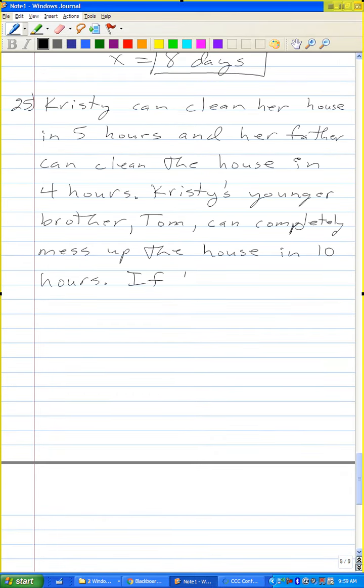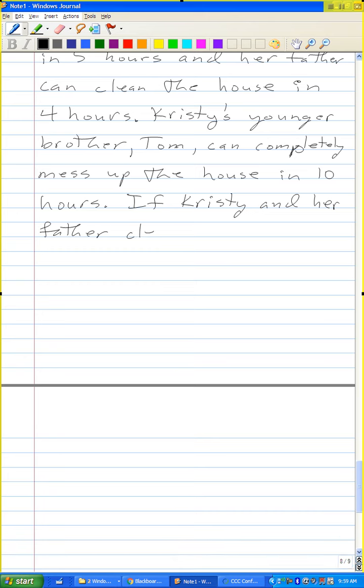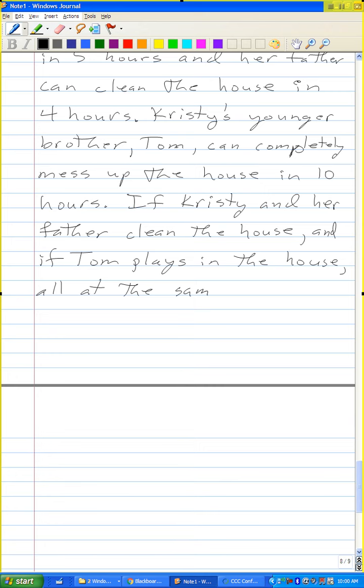If Christy and her father clean the house, and if Tom plays in the house all at the same time, how long will it take to clean the house?